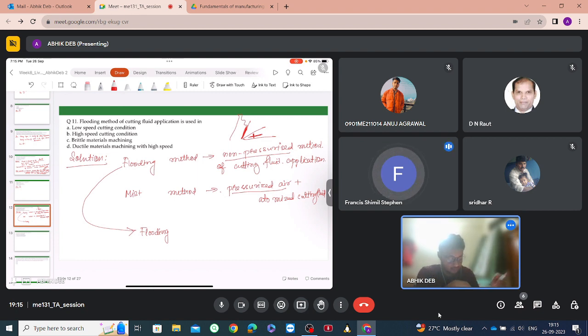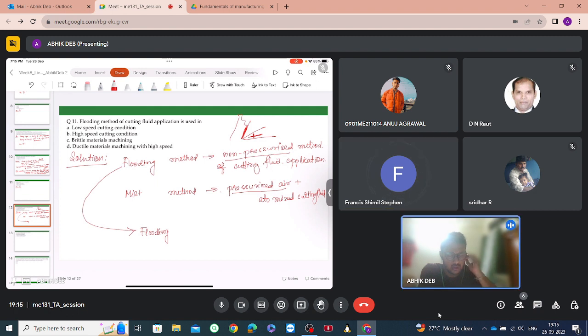Okay, sir. So in CNC machining, actually, it will be sprayed onto the metal, or the jet will be used, isn't it? So does that mean if it is pressurized, then it will be mist, and if it is not pressurized, then it's the flooding method?